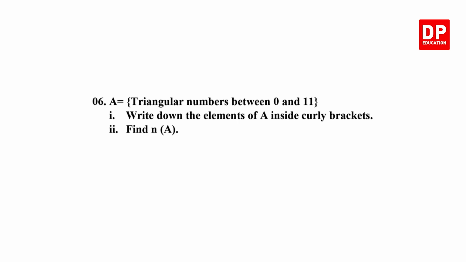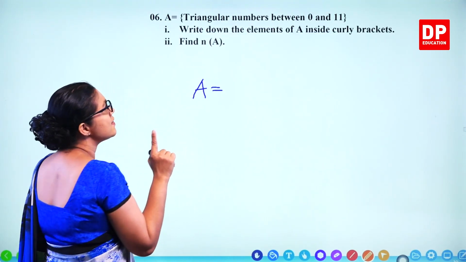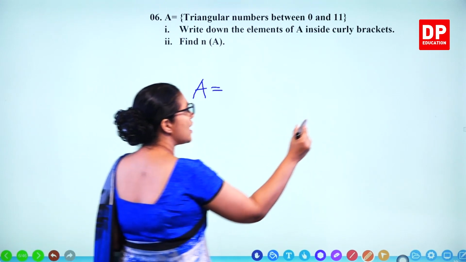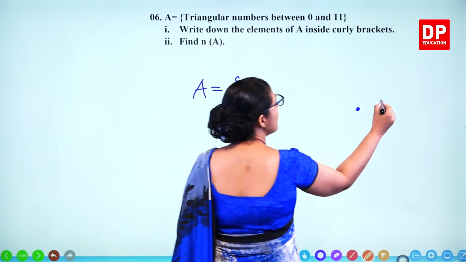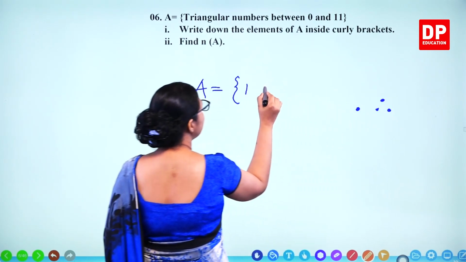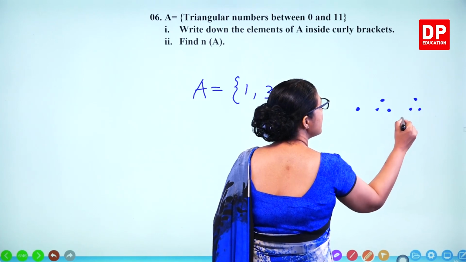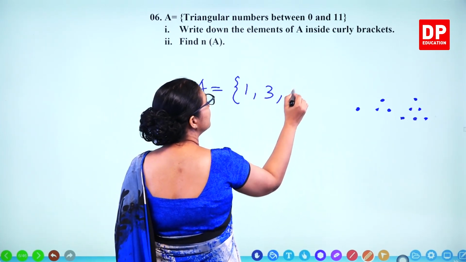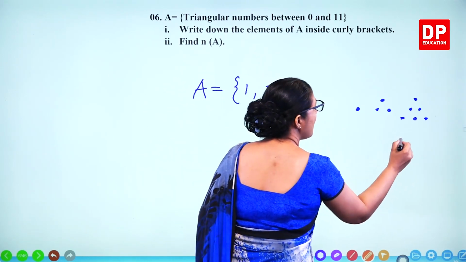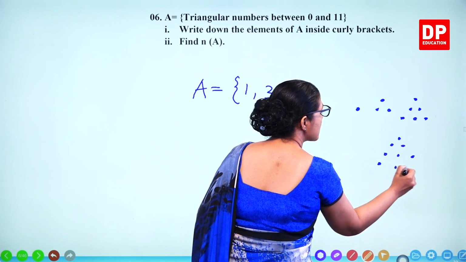Question number 6. A is the triangular numbers between 0 and 11. What are triangular numbers? 1, then 1, 2, 3, then another row is added with 3 dots, 6, and another row with 4 dots.